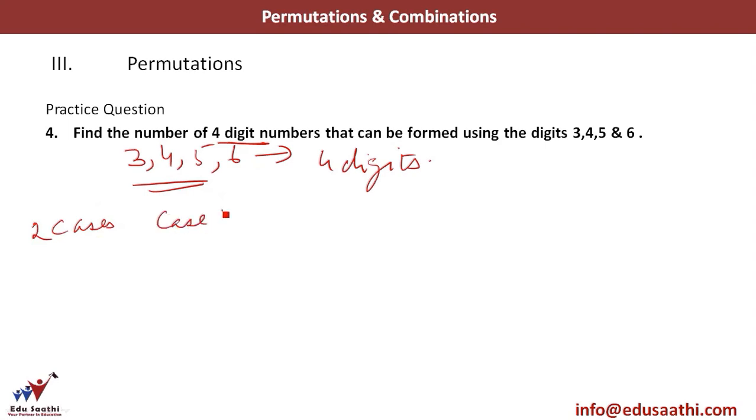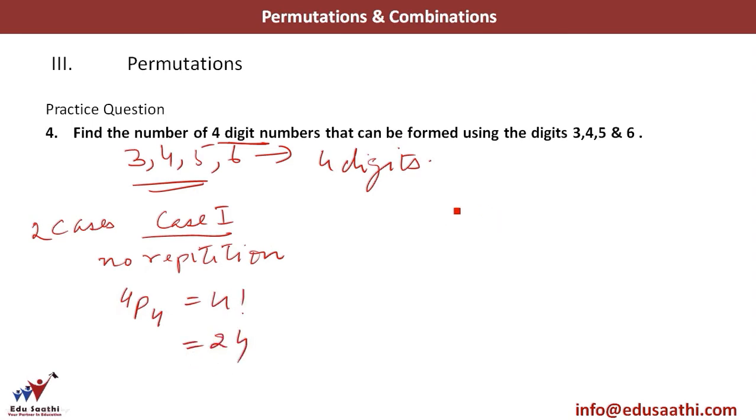Case 1 is no repetition is allowed. So this means that I will have to use each of the digits at least once. So I have 4 digits and I have to form a 4-digit number. How many different permutations are possible? 4p4, which is nothing but 4 factorial, so 24.